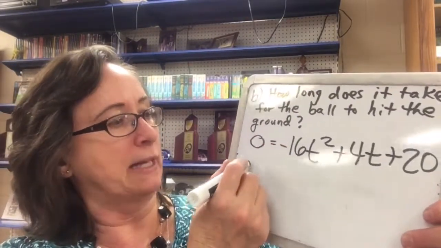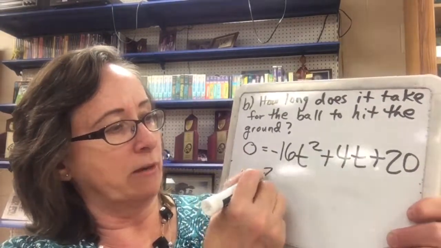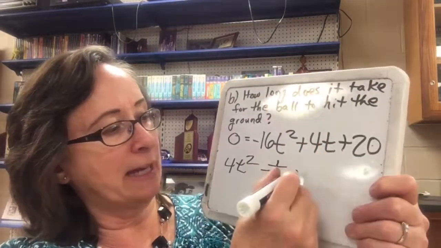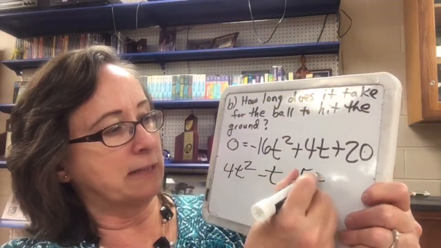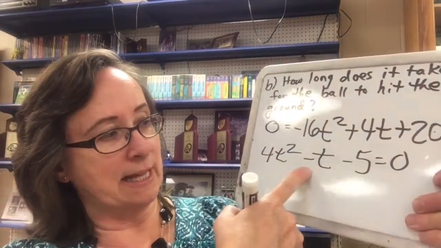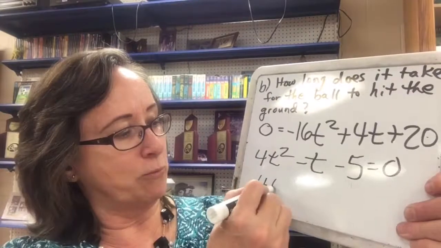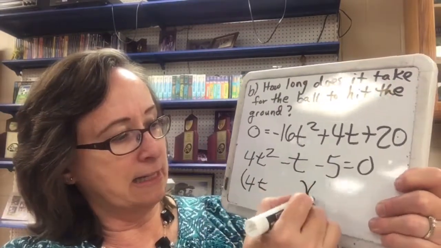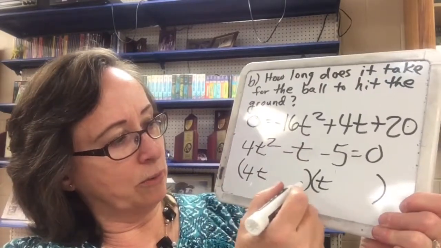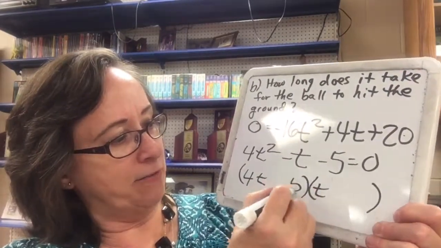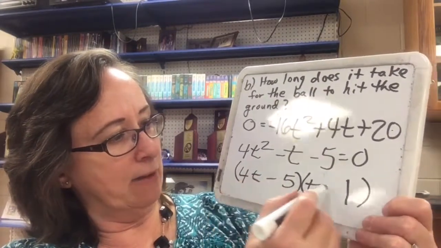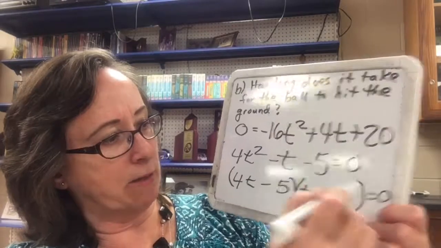When I divide by a -4, I get 4t squared, then a -t, then a -5 equals 0. Because I have opposite signs and a -t, I'm going to get a 4t and a t, and a 5 and a 1, and a negative and a positive, equal to 0.